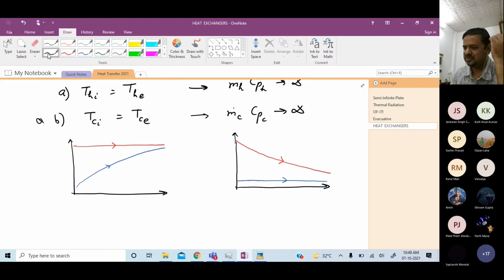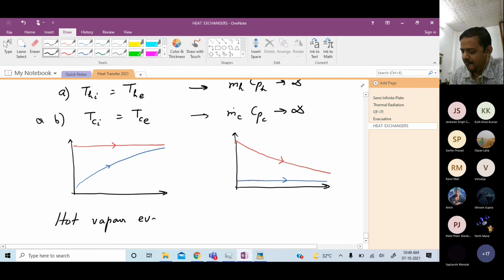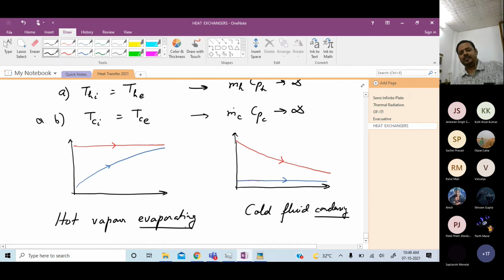Okay, I'll write the answers. If it's a phase change heat transfer that's going on, if the hot fluid is converting from liquid to vapor, sorry, hot fluid, then its temperature remains constant.